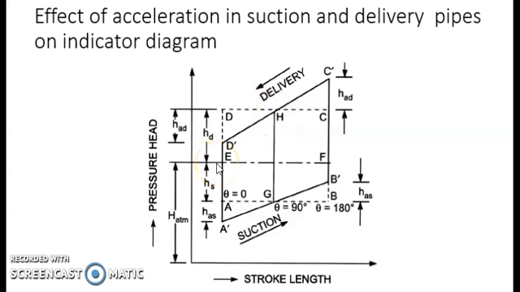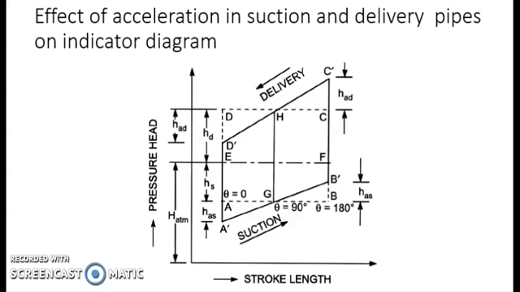And at the end of the delivery stroke, the pressure head in the cylinder will be above atmospheric pressure head by a height equal to h_d minus h_ad. So the indicator diagram of the delivery stroke is shown by C' H D'. Also the area of CC'H is equal to the area of DD'H.